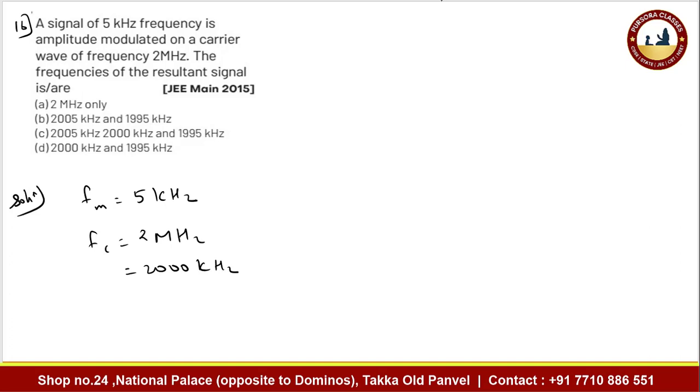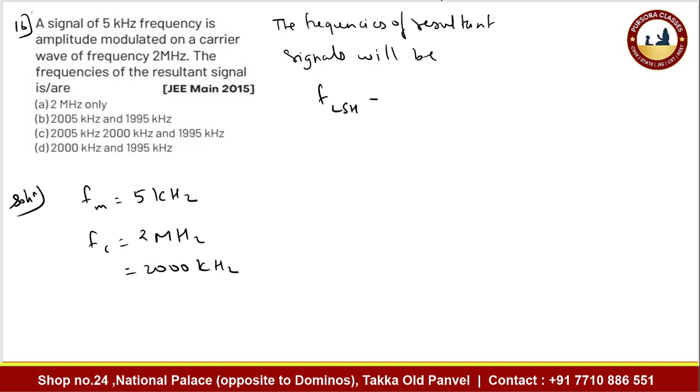The resultant frequencies of the resultant signals will be the frequency of lower sideband, the carrier frequency, and the frequency of upper sideband.